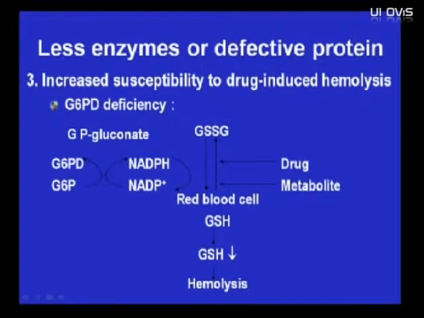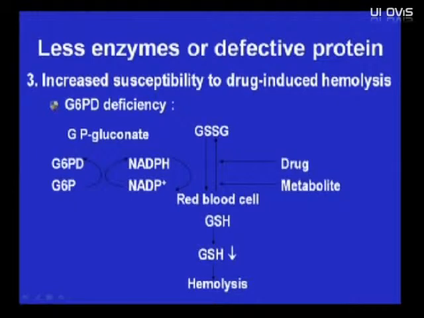A normal red blood cell protein must be protected from oxidation, which is conducted by reduced glutathione, so that it remains flexible and can easily enter small capillary blood vessels. By neutralizing the oxidant, the reduced glutathione, or GSH, is oxidized to become the oxidized form, or GSSG.